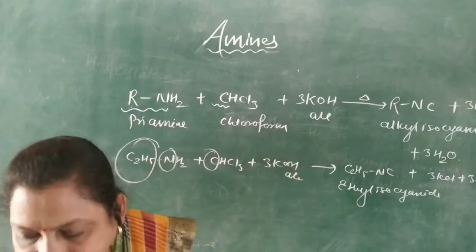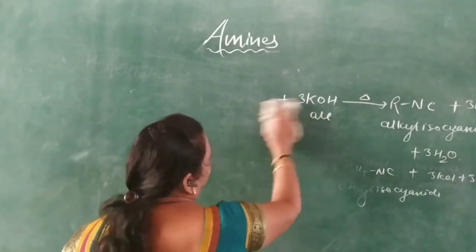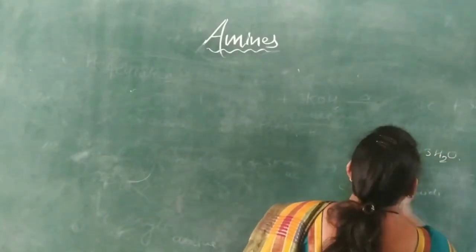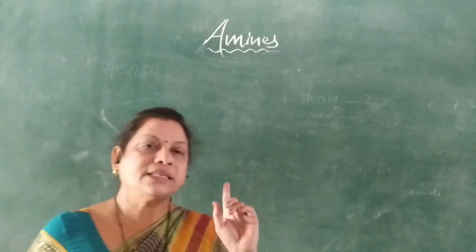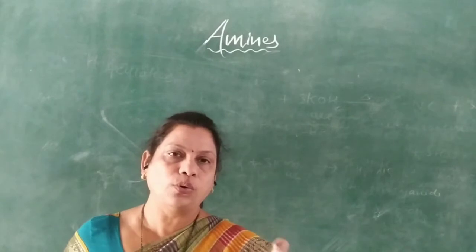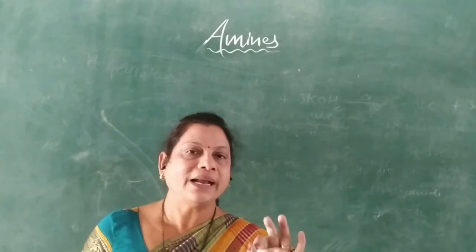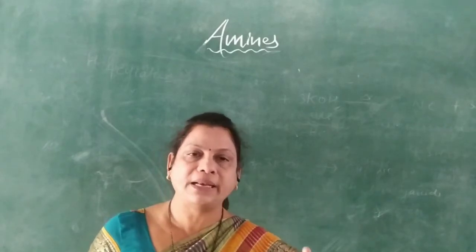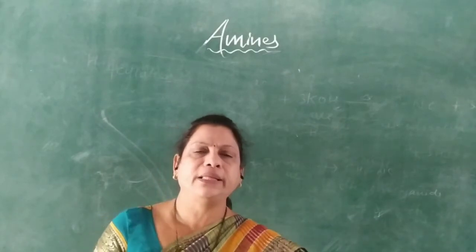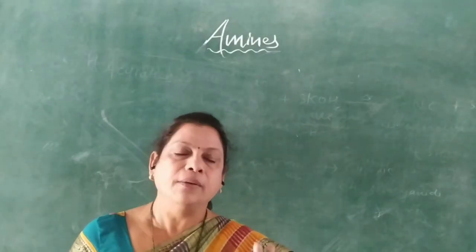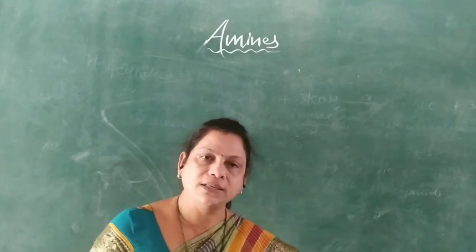Before the next topic, this carbylamine reaction is carried out only with primary amines, not secondary and tertiary amines. Secondary and tertiary amines do not show the carbylamine reaction. Only primary amines, whether aromatic or aliphatic, show it.